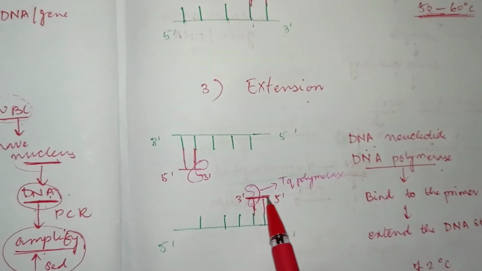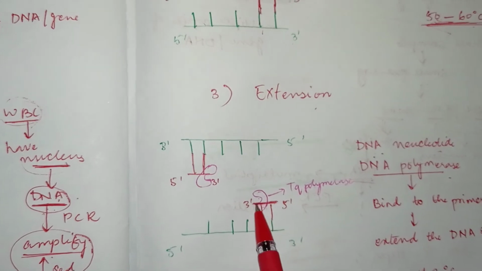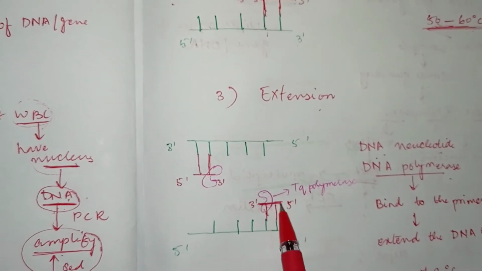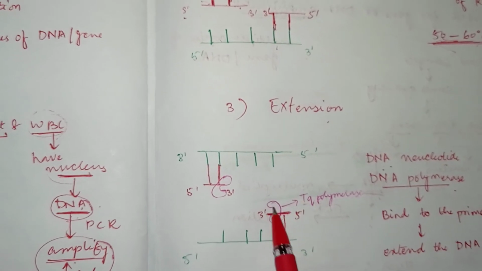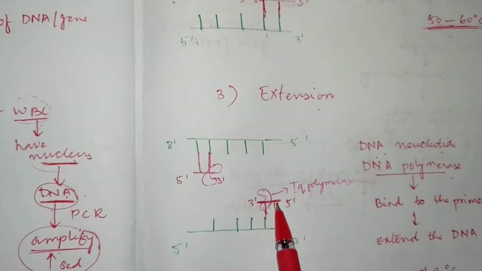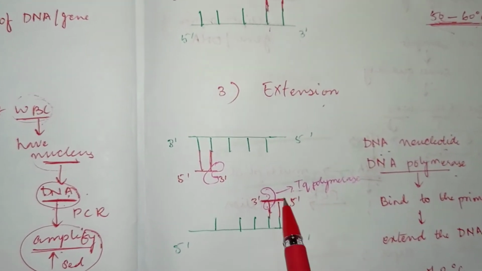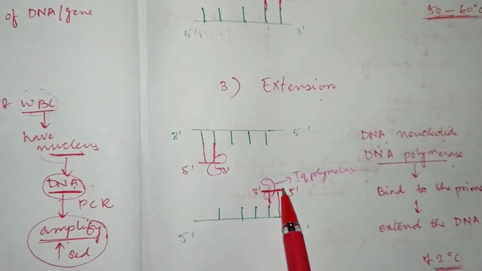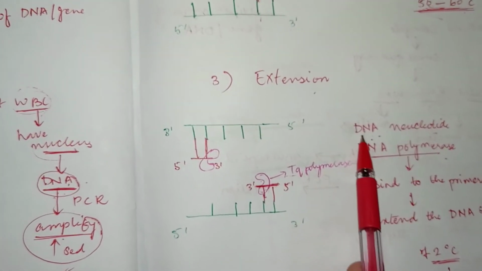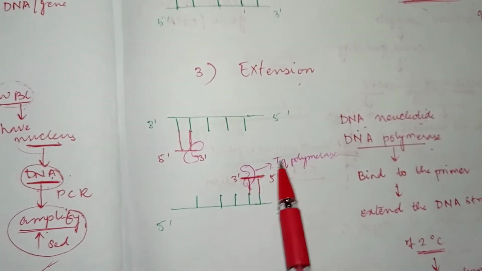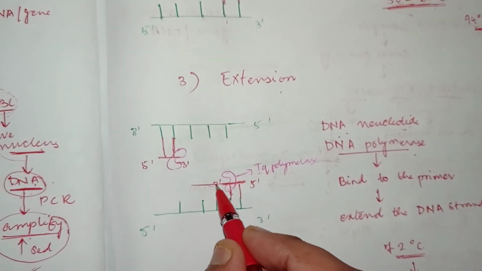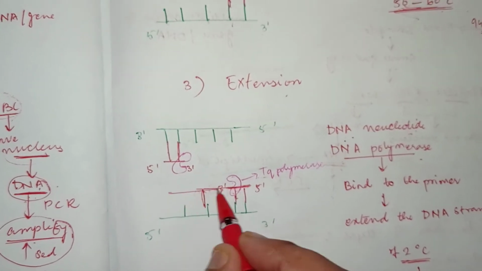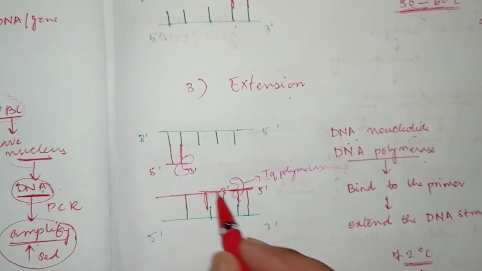So this RNA primer initiates the DNA replication, and this Taq polymerase enzyme binds to the RNA primer and extends the DNA replication. So the DNA nucleotides present in the reaction are now going to be attached here and form the DNA strand.